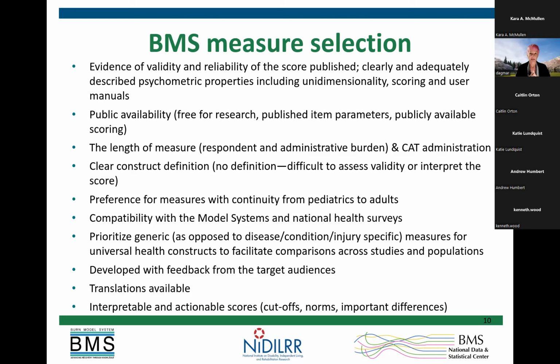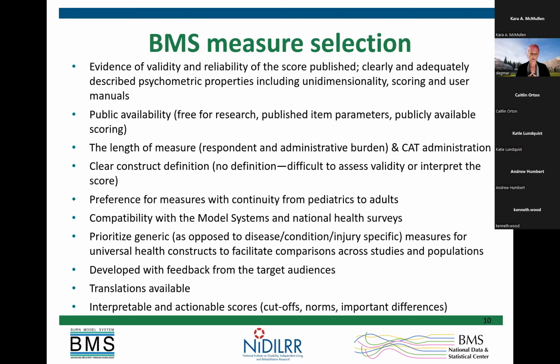We want to see that published. We want to see both validity and reliability clearly and adequately described. We want to see clearly the psychometric properties of the score and the measure, and that includes unidimensionality, how the measure is scored, and what information is available for users in user manuals.